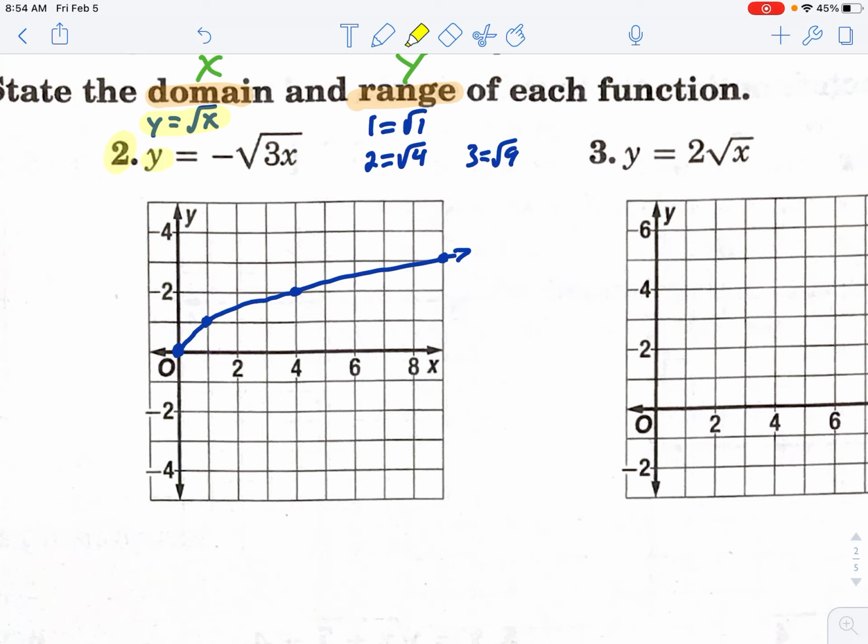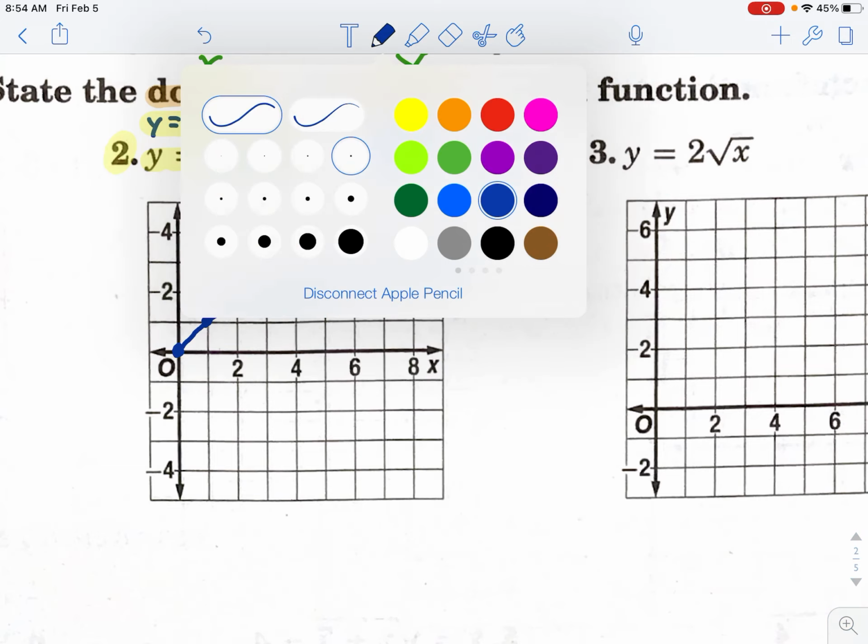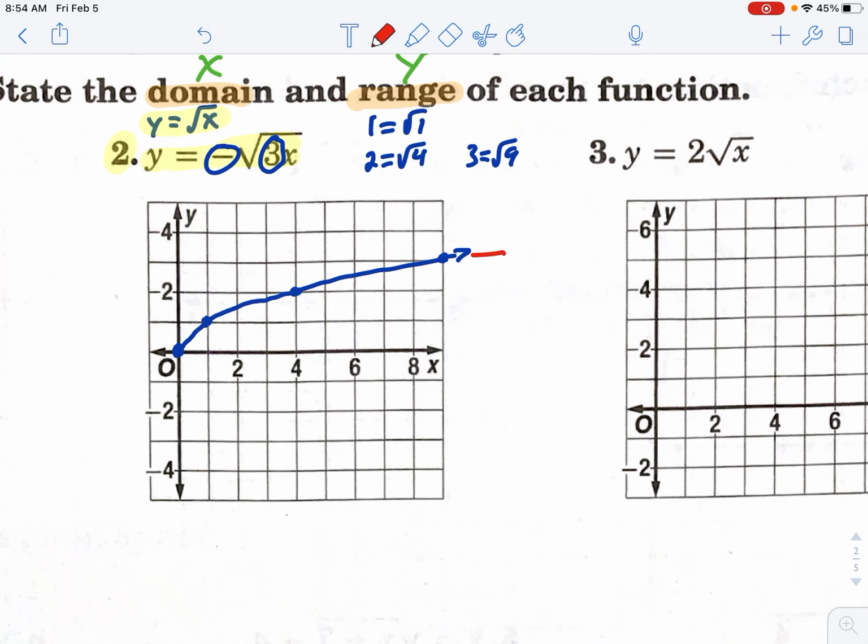Now let's talk about the actual function that we're going to graph. That negative sign is going to flip it upside down, and this 3 is going to vertically compress it. When you push on it this way, it's going to bunch up, so it's going to have more of a squished shape, but it's going to flip upside down also.